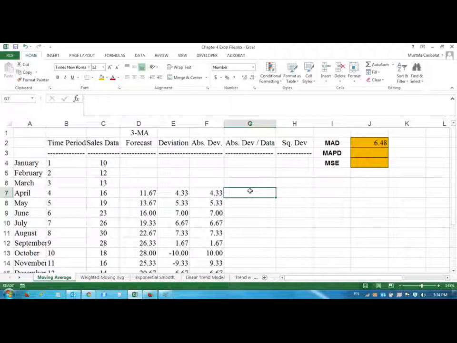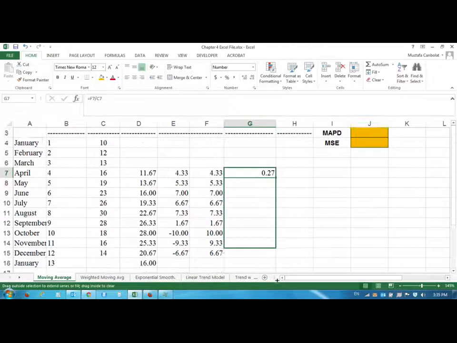So now you have the same amount of error, but you have low error because compared to the sales, your percentage error is less. So this is maybe a more robust measure to use, but you have to know all the measures. So it's going to be the absolute deviation divided by the sales data.